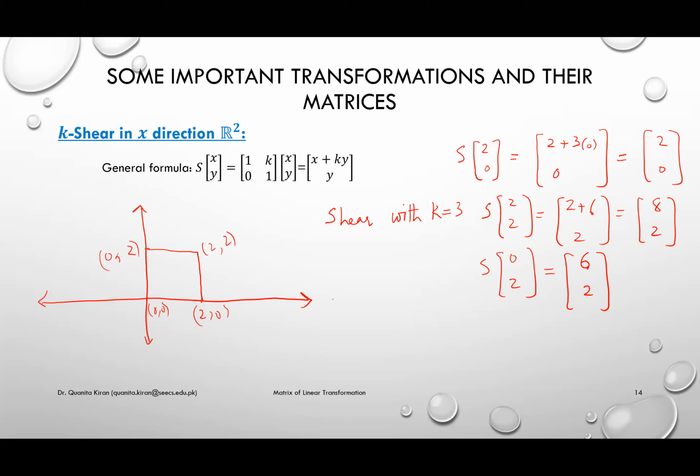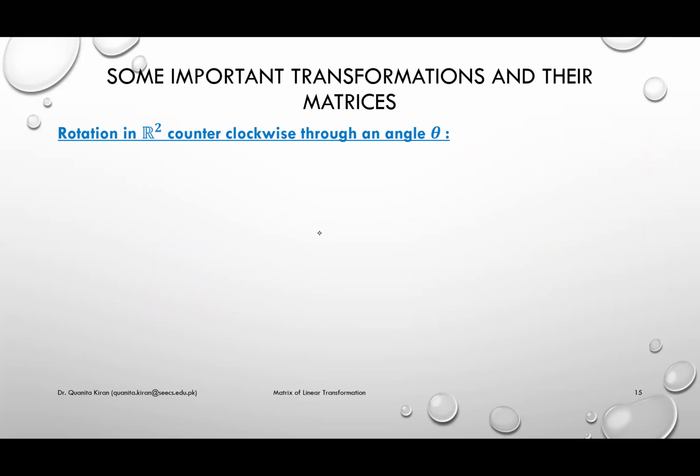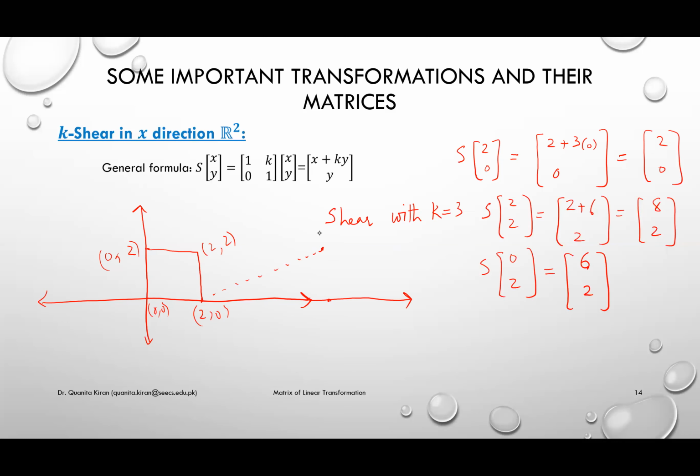So 8 is somewhere here, very large, and 2 is again this point, and (6, 2) is this. So 6 is somewhere here and 2 is here.